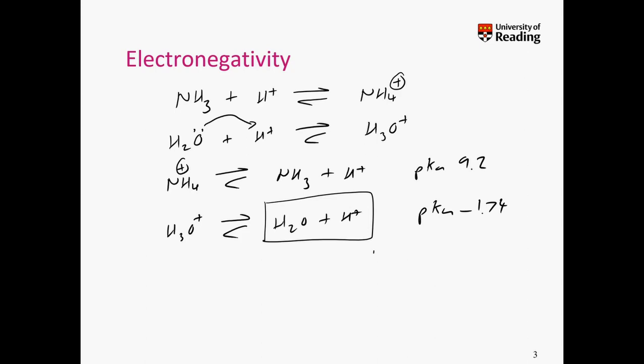Now in the oxygen, the lone pair just isn't very available to do that, whereas a nitrogen, which is less electronegative, has much more availability. The electrons are more likely to form that new bond with the hydrogen. So it's kind of the opposite way around to the acidity, that in this case, the more electronegative the atom, okay, the less basic it will be.